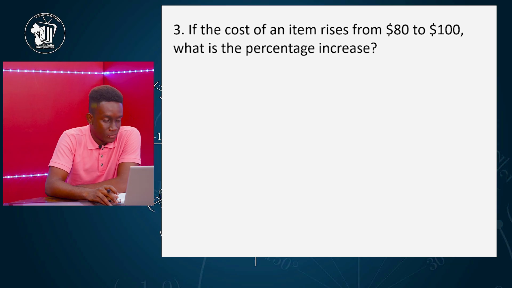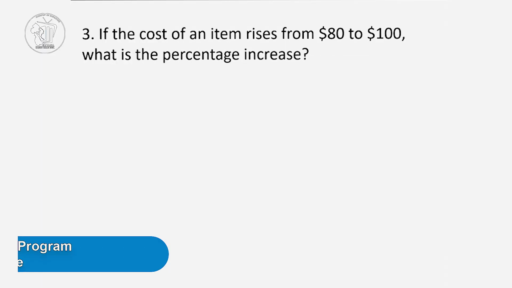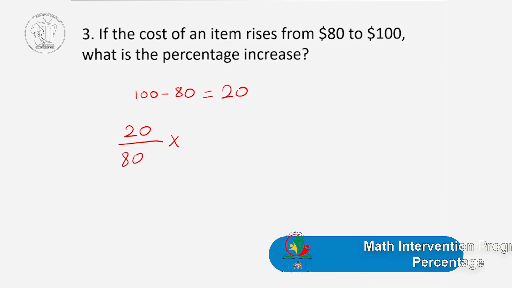Let's look at another example. If the cost of an item raises from $80 to $100, what is the percentage of the increase? So we see the price raised from 80 to 100. So this will be 100 subtract 80. This will give us a raise of $20. So it's $20 over the original price, which was 80, multiplied by 100.